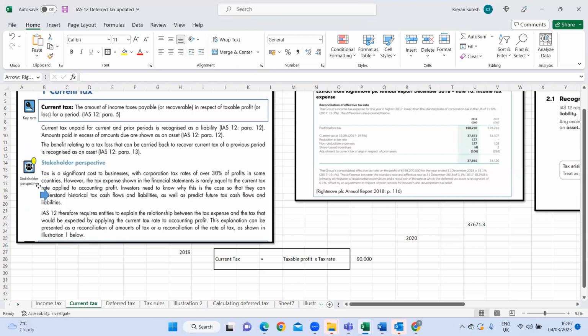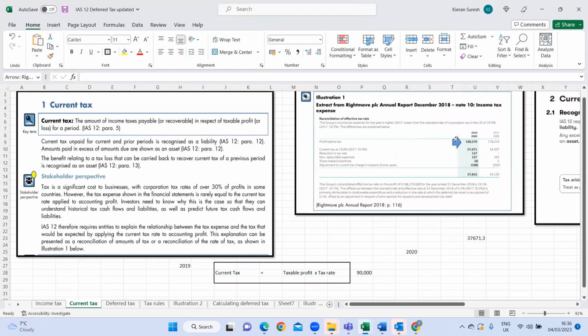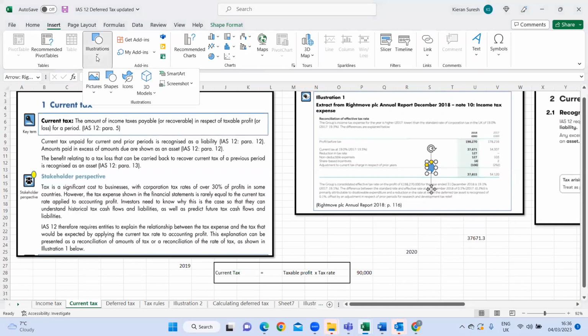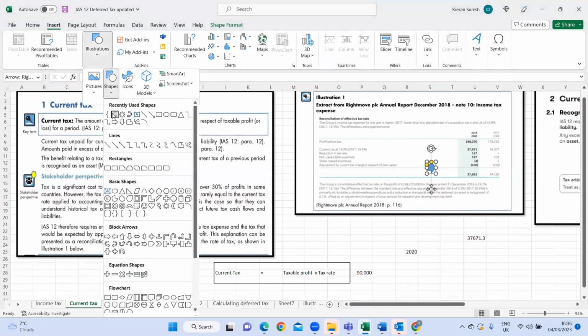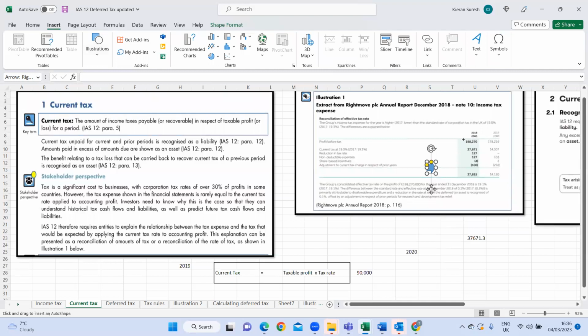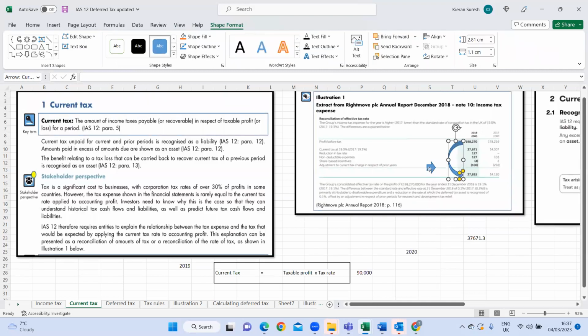So this paragraph, from the stakeholders' perspective, explains clearly that the tax charge, the current tax, would not be based on the accounting profit. Someone looking at the company's annual statements would not understand why the tax charge is not the same. For example, if the tax rate was 19% and they try to work out 19% of the accounting profit, they would not get the figure.